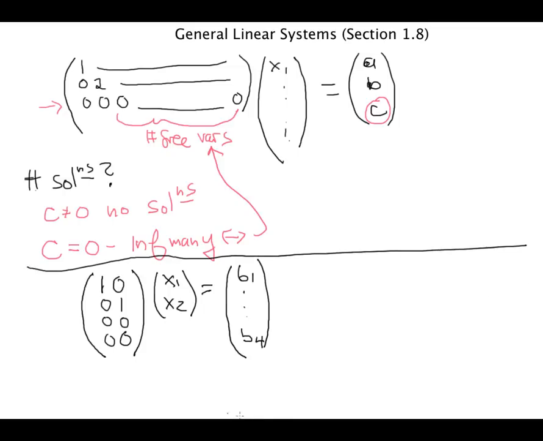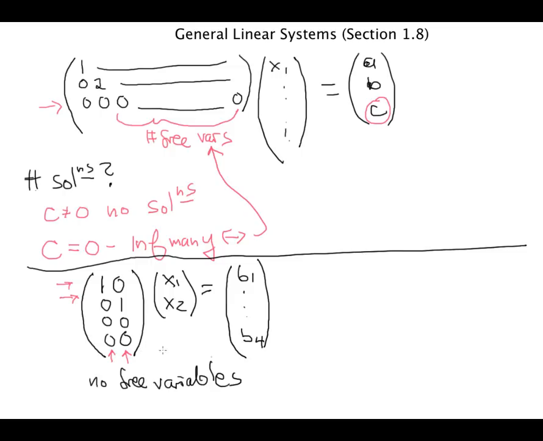Well, there are no free variables. Right, because you look here, every column has a pivot, or another way to say it is that the rank of this matrix, the number of non-zero rows, is 2, and the number of columns is 2, so there are no free variables.